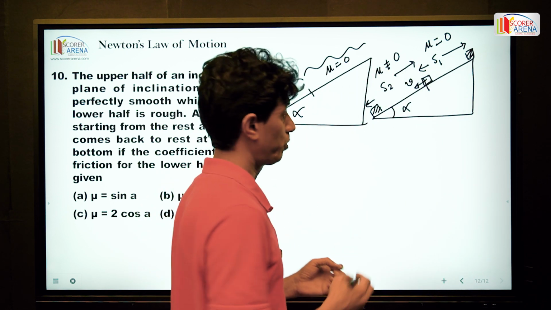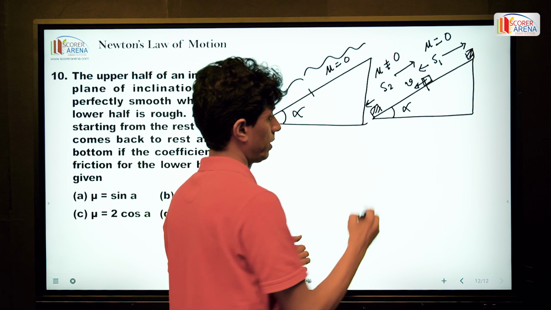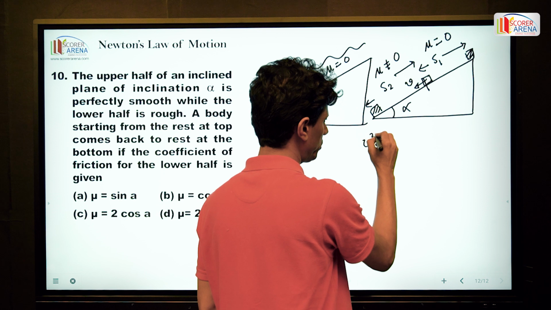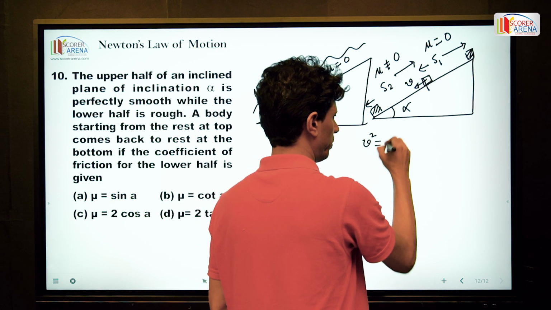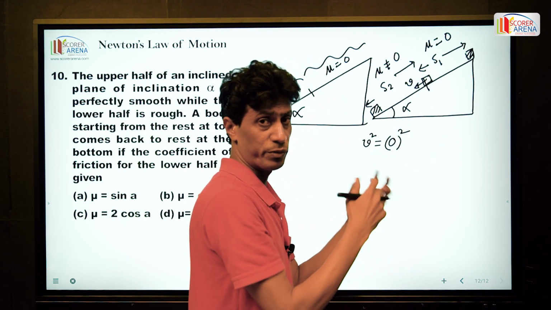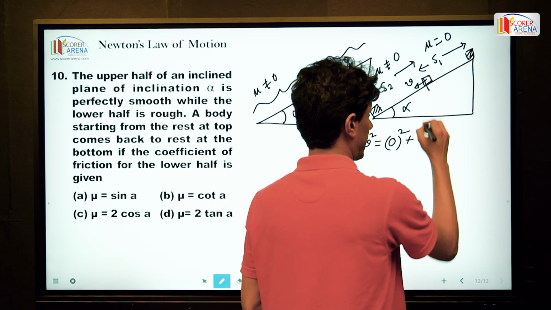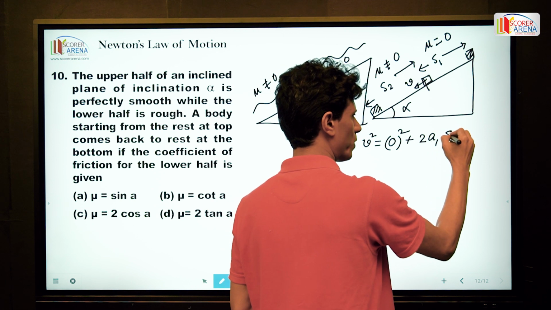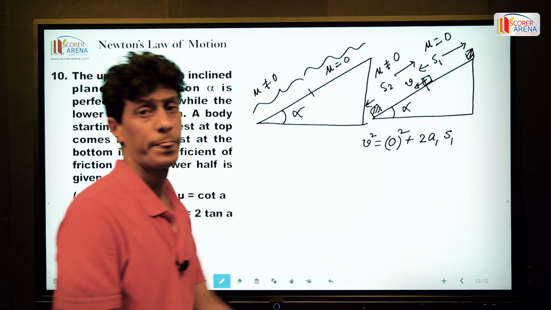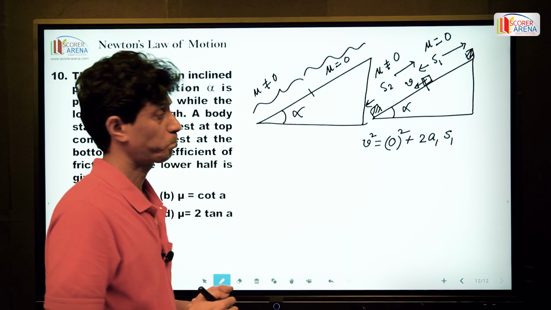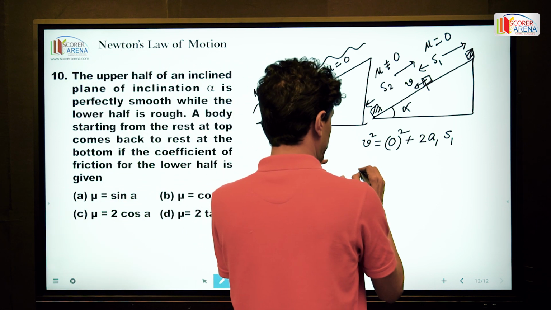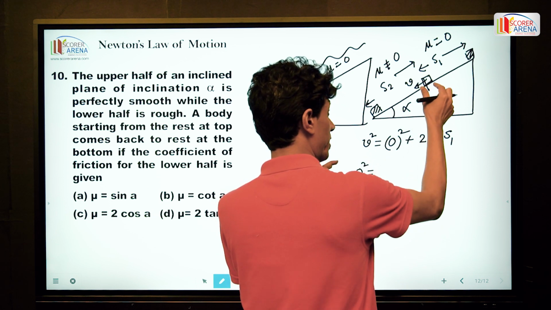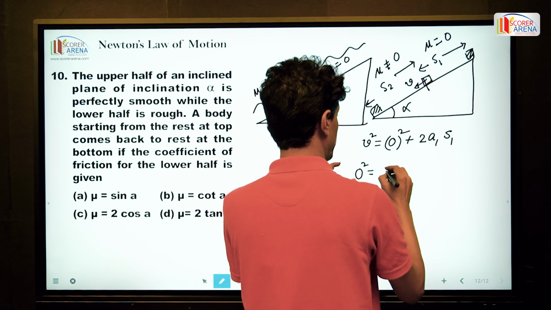From the simple equation we can say, the body starts from rest, so v square is equal to twice a1 s1, where a1 is the acceleration in this part and s1 is the path length. Similarly, at the bottom of the inclined plane the final velocity becomes 0, but the initial velocity at this point is v.